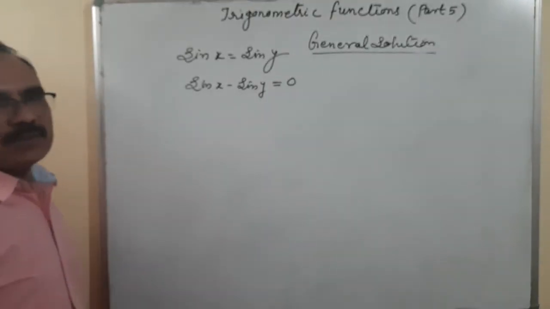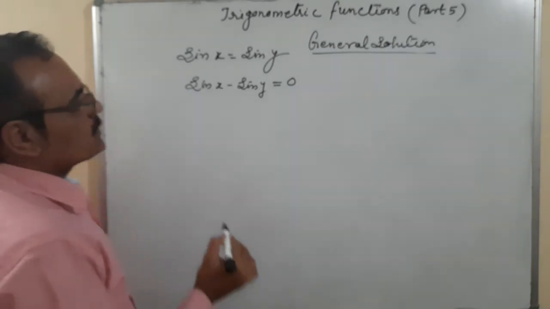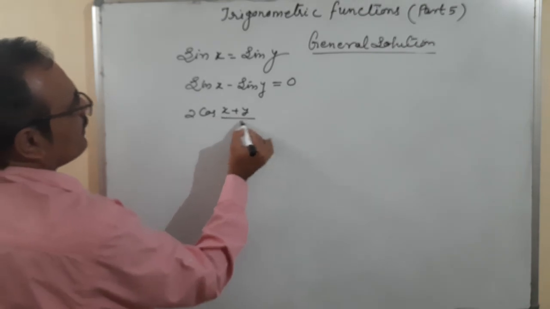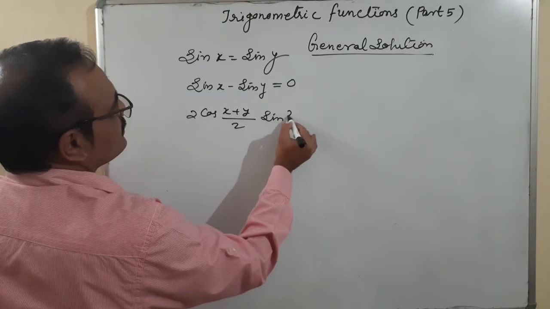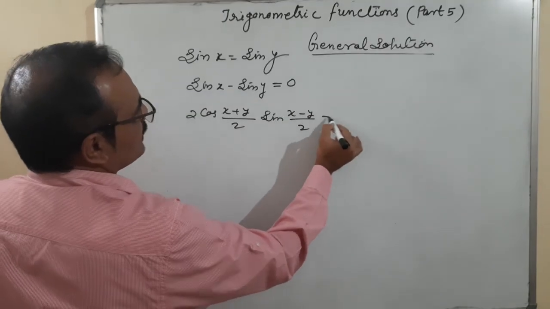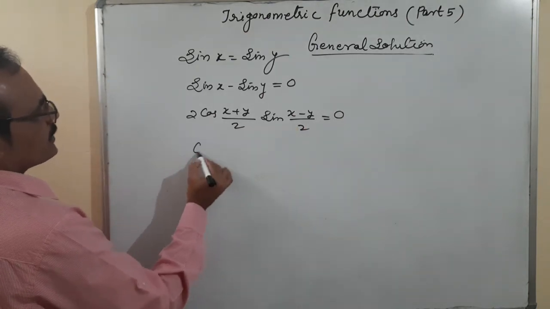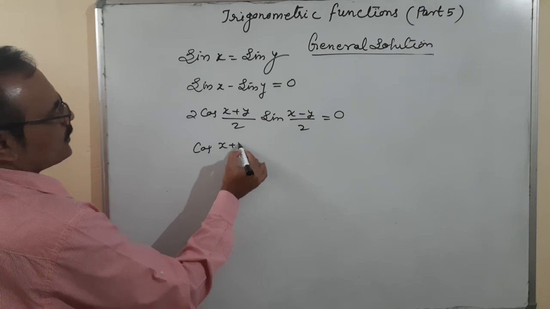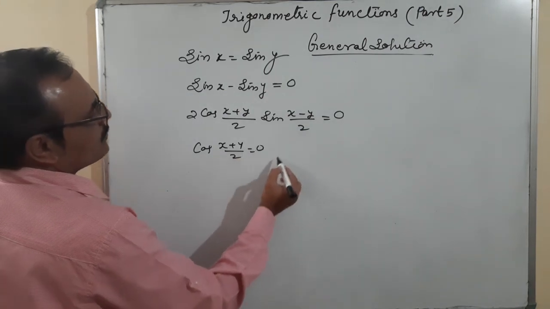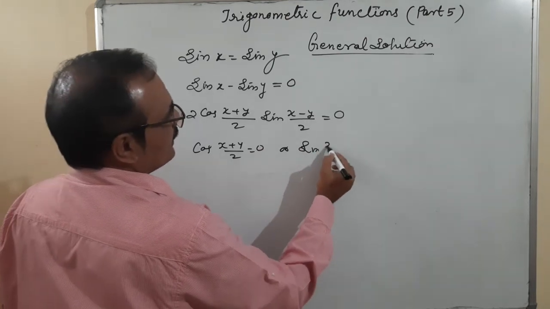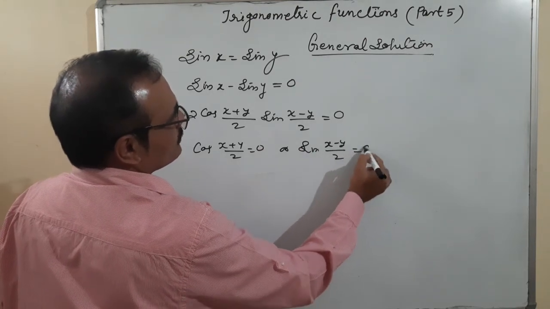You know the formula sin c minus sin d is equal to 2 cos (c plus d) by 2 into sin (c minus d) by 2. So 2 cos (x plus y) upon 2 into sin (x minus y) upon 2 is equal to 0. There are two terms, so either cos (x plus y) upon 2 is equal to 0, or sin (x minus y) upon 2 is equal to 0.